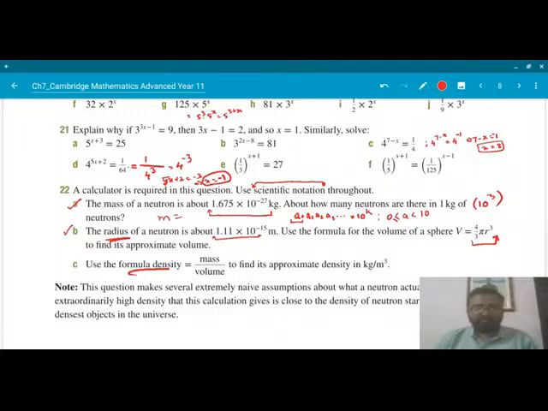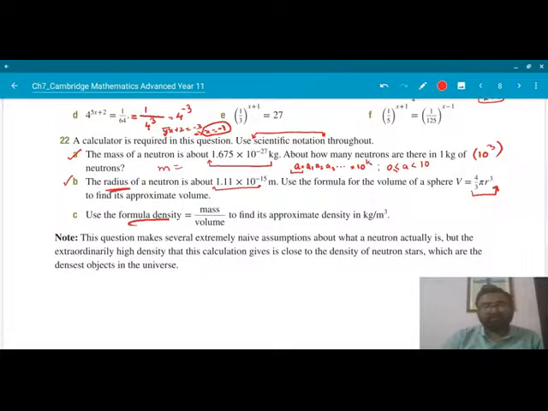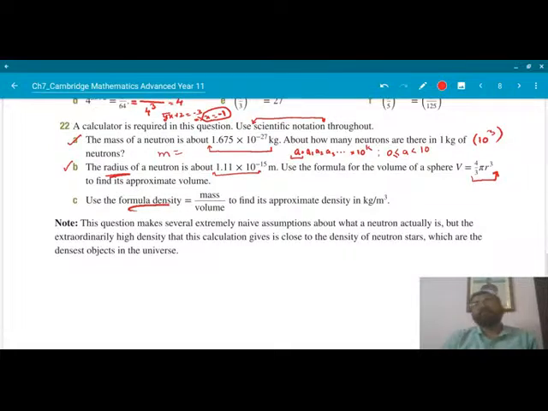So that's the formula of density, mass by volume. Do you know what density means? A plastic polythene cover and some plastic chair. What is the difference between those two objects? One is a plastic cover, that is also plastic. Another one is a plastic chair.